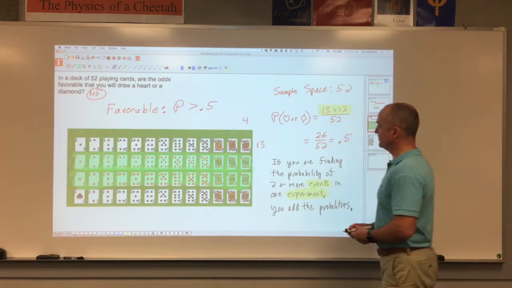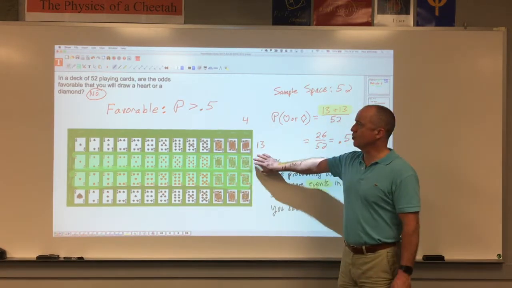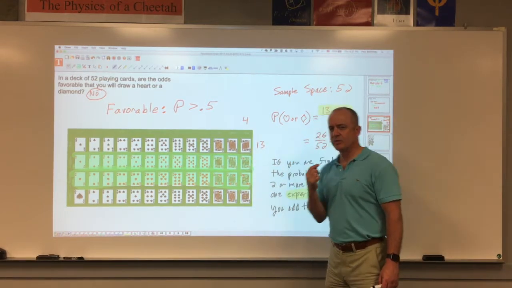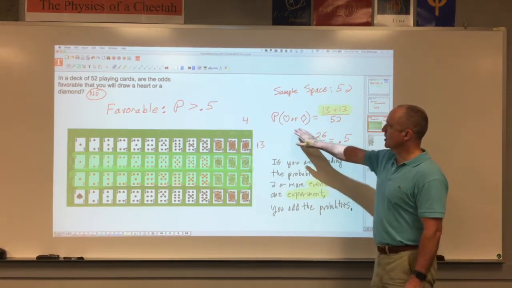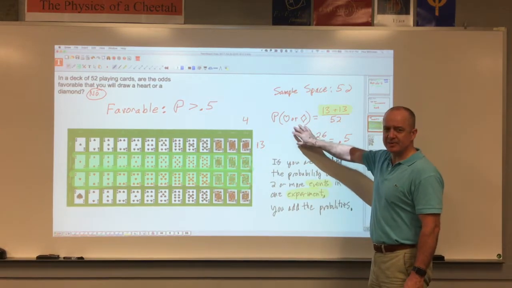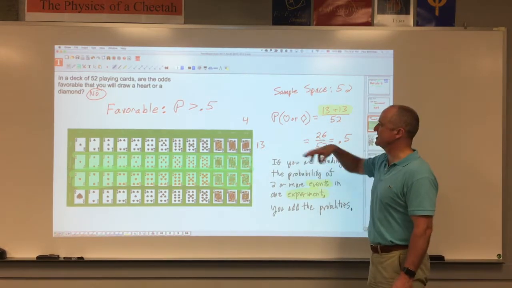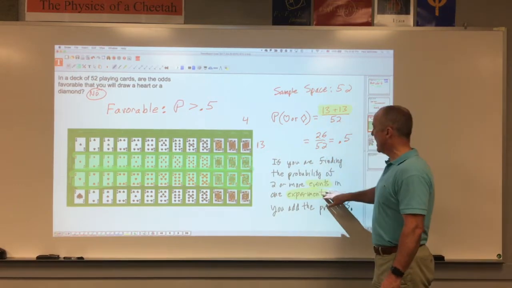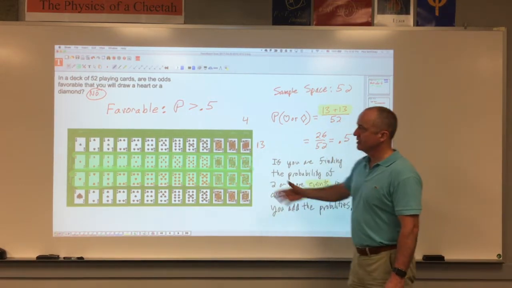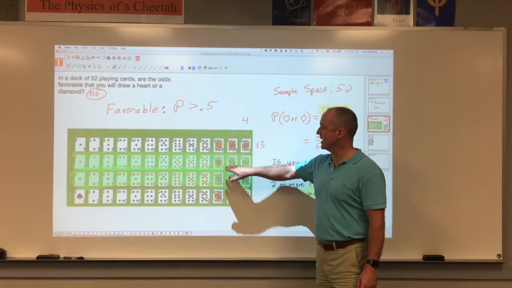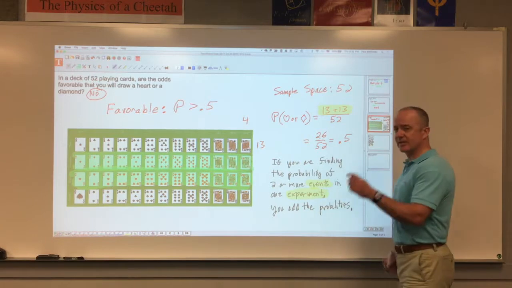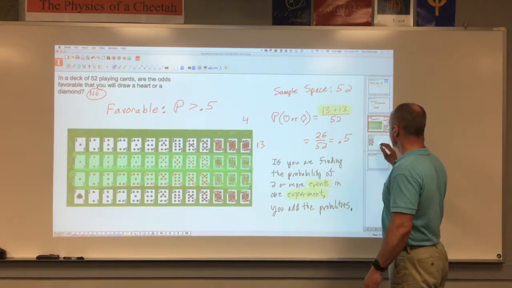Let's go back a moment. This was one experiment. You were pulling a single card. You were just doing one thing. When you're doing one thing, but you want to know the probability of multiple events being a part of one of those things, multiple events can satisfy your one successful outcome to your experiment. You add those probabilities. We would be just as happy with a heart as a diamond in this case. So we add the probabilities together and we conduct our one experiment.